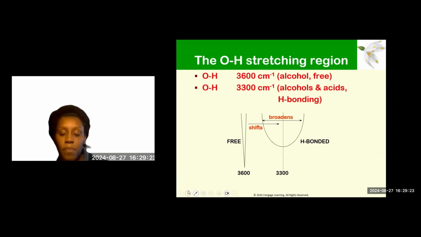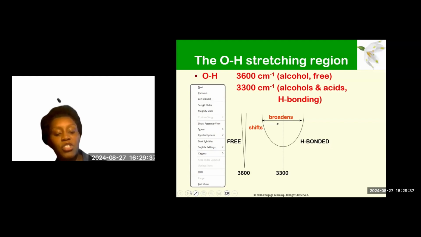All right, so again, because of the OH group, just a reminder that this peak is going to be broad, okay? It's going to be a broad peak. And with the OH group, that broad peak is going to be around 3,600.